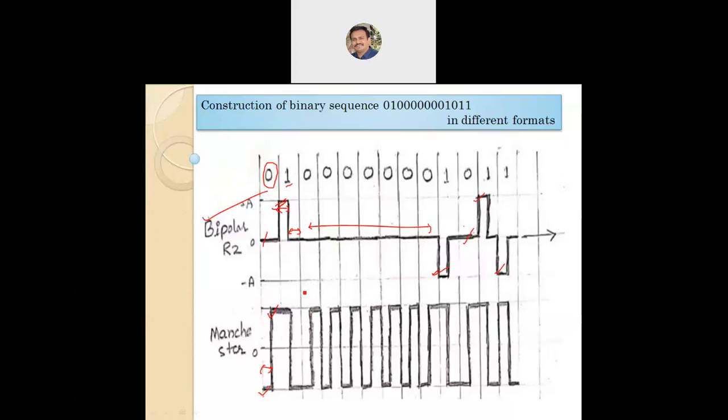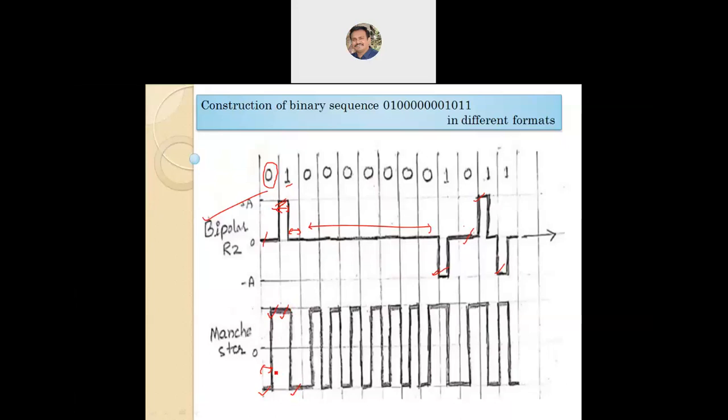In Manchester, 0 and 1 are opposite to each other. The 1 bit begins from plus A for half the pulse width and ends at minus A for the remaining half.